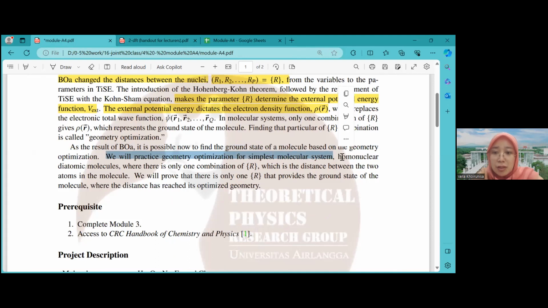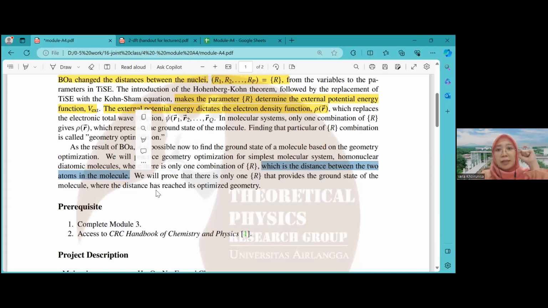We will use a homonuclear diatomic molecule. So there are two atoms that have the same nuclei, where there is only one combination of R here, R as the parameter, which is the distance between the two atoms in the molecule.